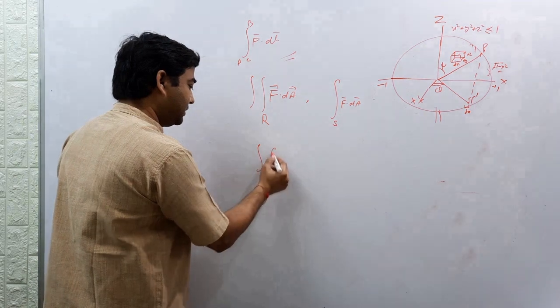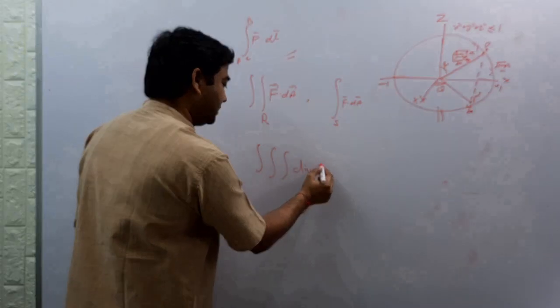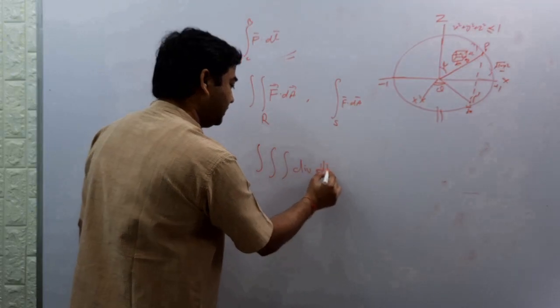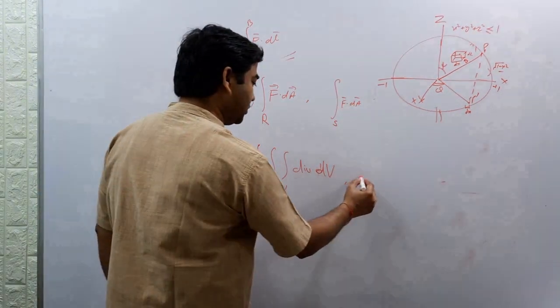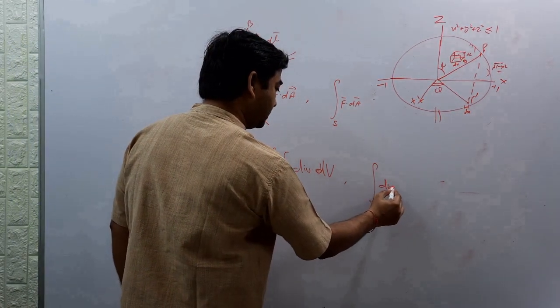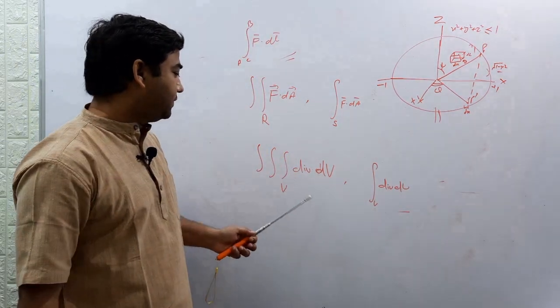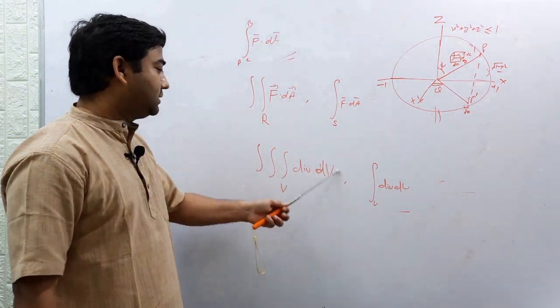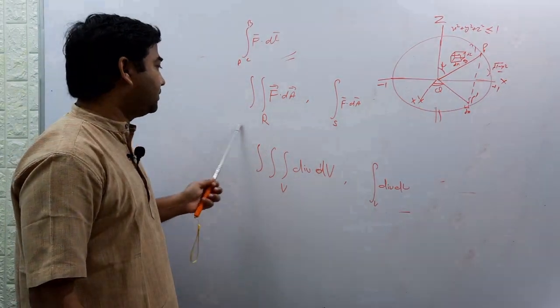And volume integration in terms of divergence is written like this, divergence dV over a volume. So most frequently it is written in this form, and surface integration is written in this form.